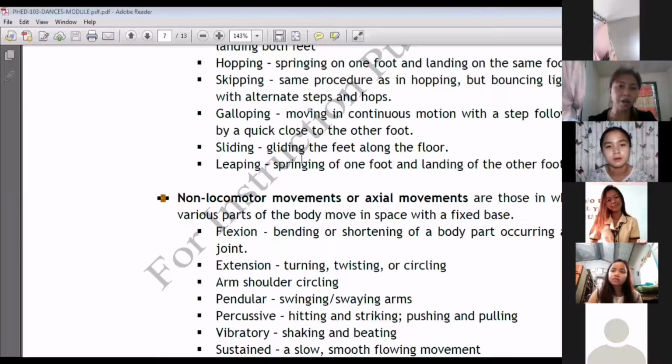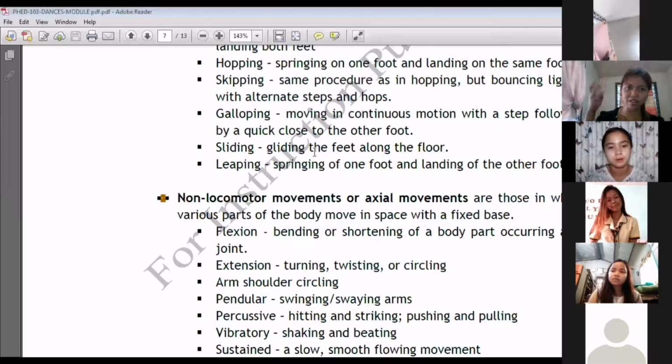It's a cardiovascular exercise. And yun yung mechanism ng pag-i-skip, di ba, nag-step ka, then hop. Kasi kailangan mong mag-hop. Tama? Step, hop. Yun yung difference niya sa hopping at sa leaping. Nakuha?